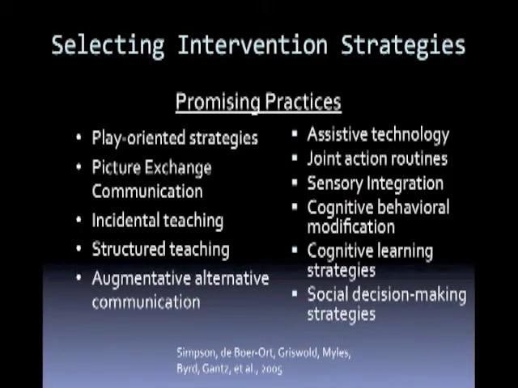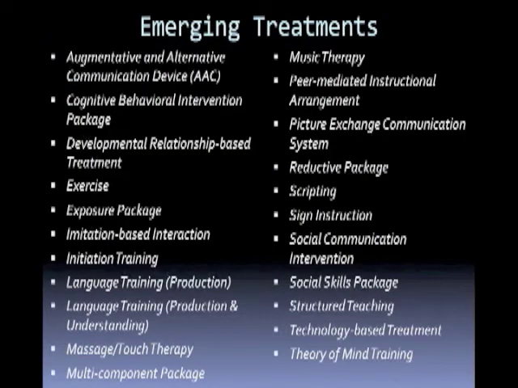So back to the 2005 study that we had that showed promising practices. We had a few of these in 2005. We had play-oriented strategies, picture exchange communication, incidental teaching was on the list there, structured teaching. So all of these were on the list back in 2005. Now, according to the National Standards Project, we have a much more detailed list. We know a lot more about which treatments are emerging.